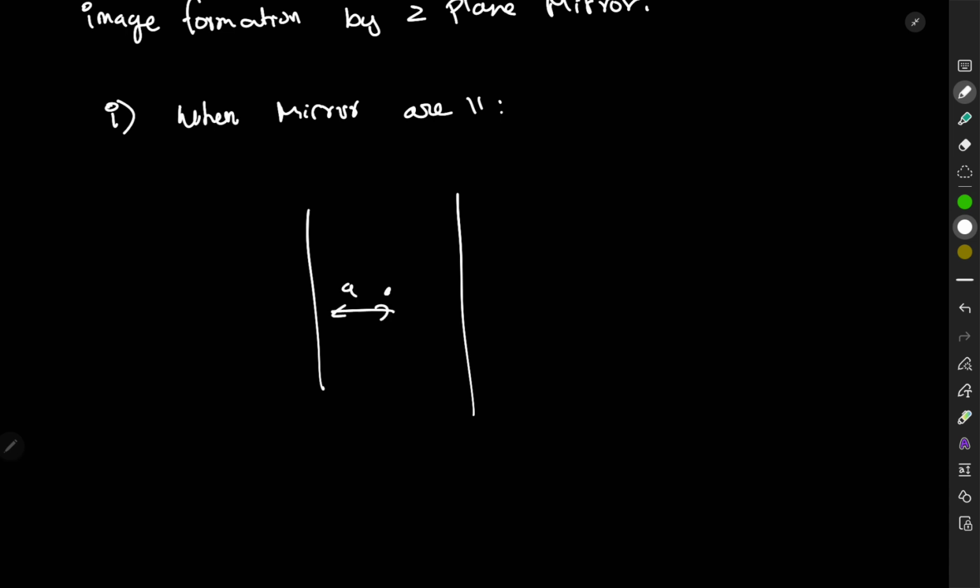is at distance B. So the first image will be formed here at the distance B. Do you agree? Seeing this, there will be an image formed here. Here also the image will be formed at the distance A. Image 2 will be formed.